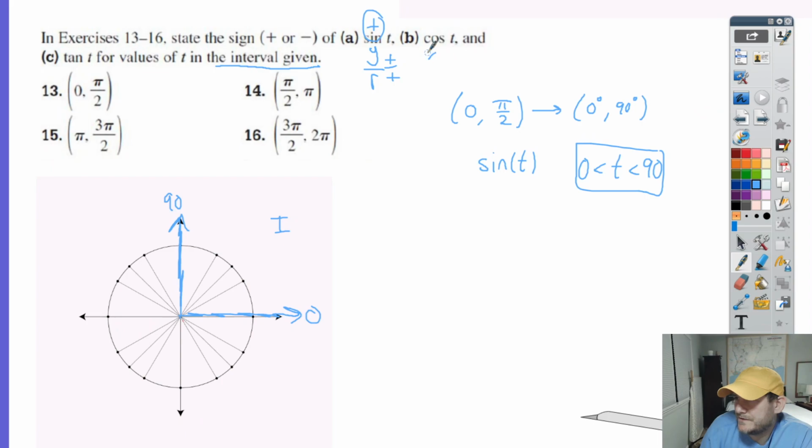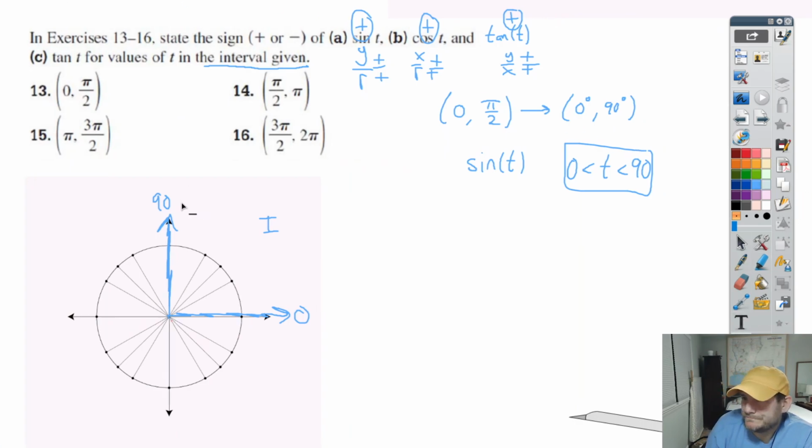Now cosine is x over r, r is always positive, and x is always positive too if you're in quadrant 1. So it's plus over plus, so that's plus. And tangent is y over x. So if tangent is y over x, then in quadrant 1 you're still doing a positive over a positive, so you're positive. So that's that for 13.